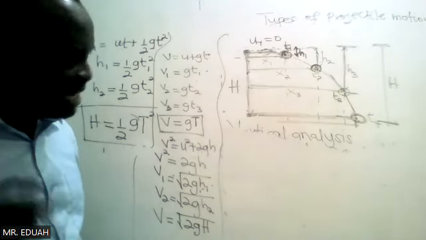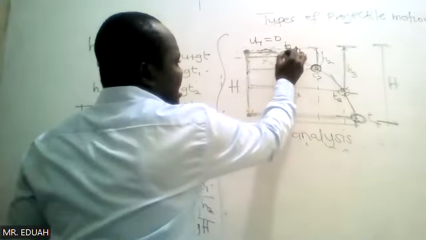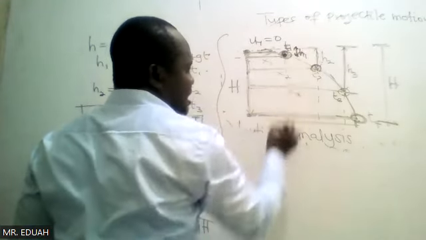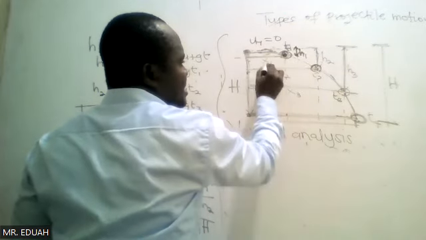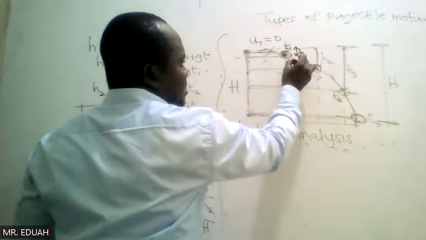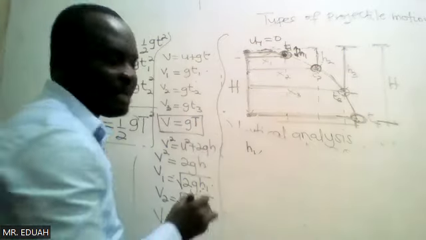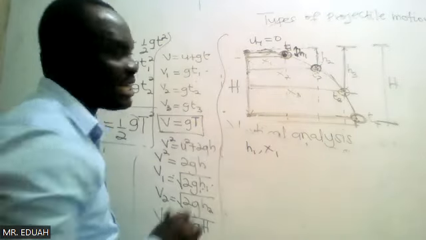You may not understand. This is what I mean. When the body is here, the vertical displacement is h1 and the horizontal displacement is x1.